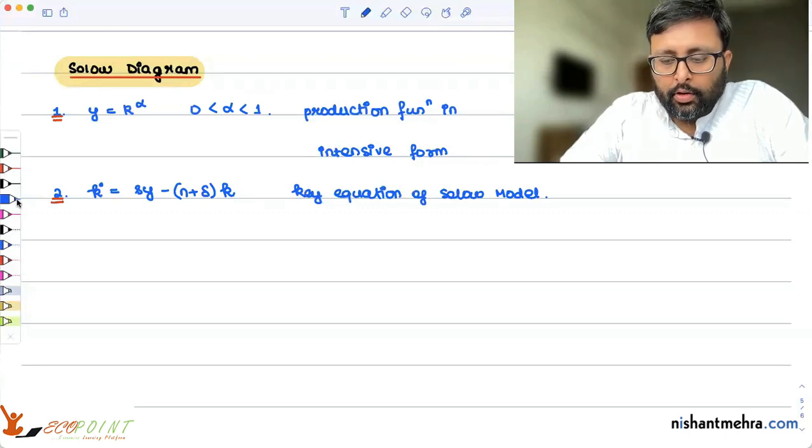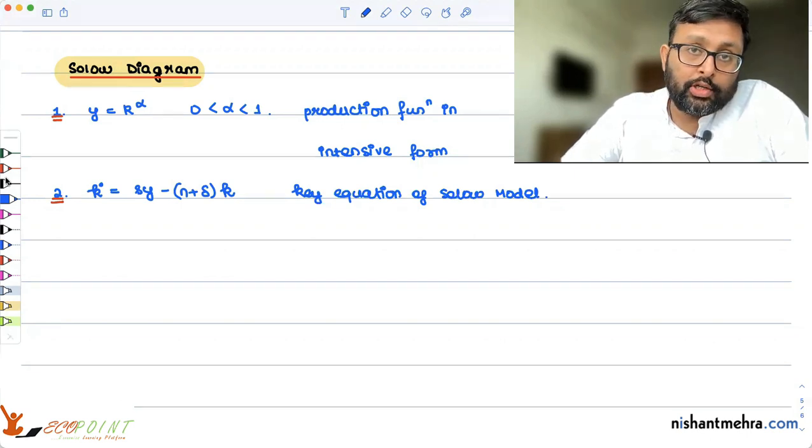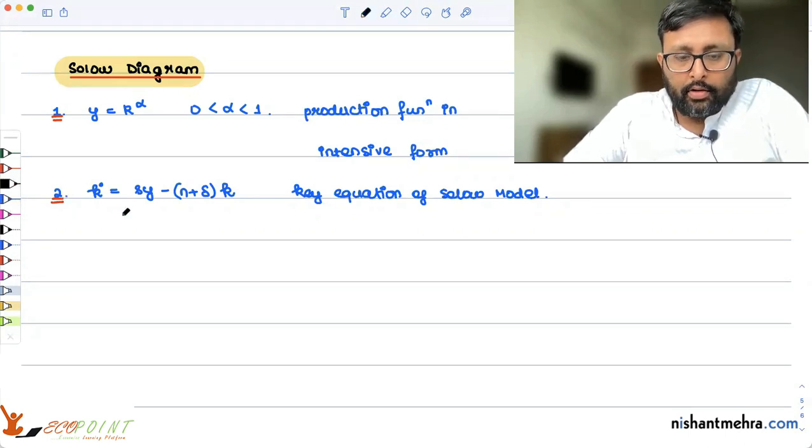Okay, then before I draw this, what are the parameters, what are the exogenous variables, and what are the endogenous variables? So let me write a point about them.